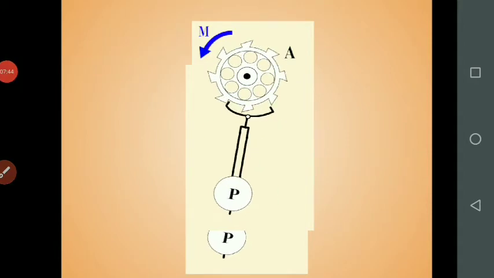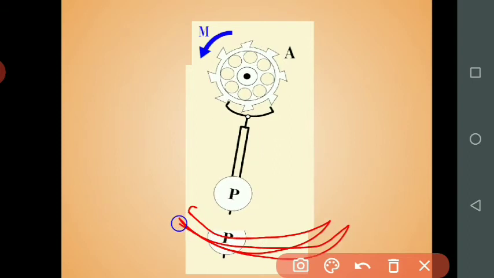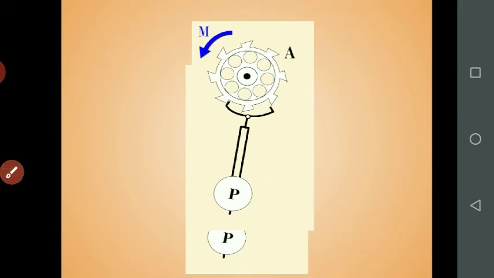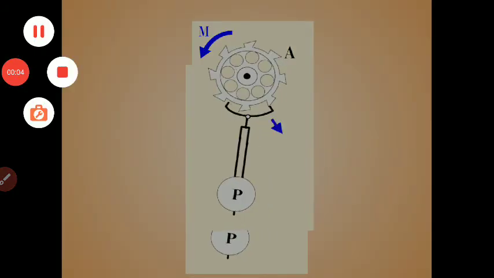Now see, this is the mean position and your pendulum is moving there and coming back. This is called oscillation, and the time taken for this process is called time period.